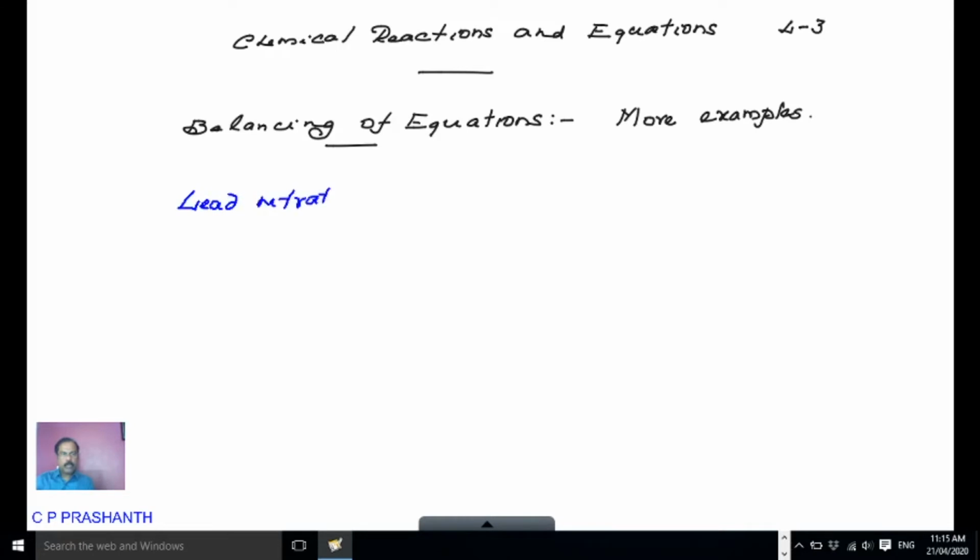We had seen this reaction also in the previous class, lead nitrate reacting with potassium iodide. The products are lead iodide and potassium nitrate.